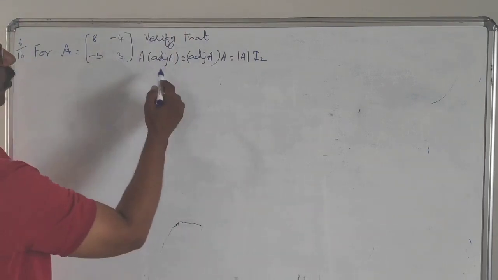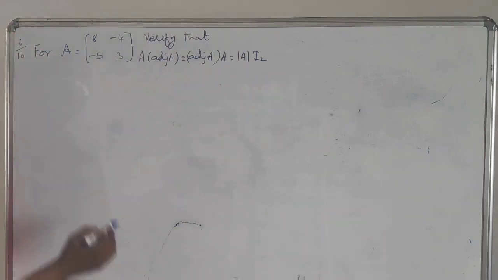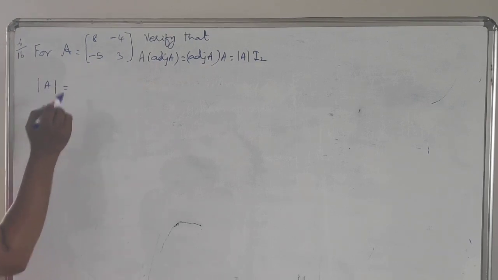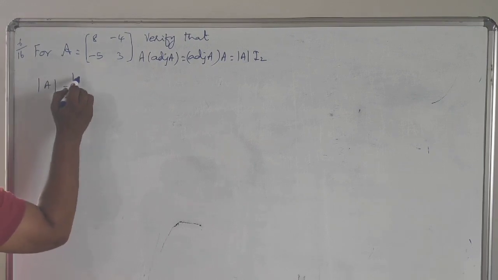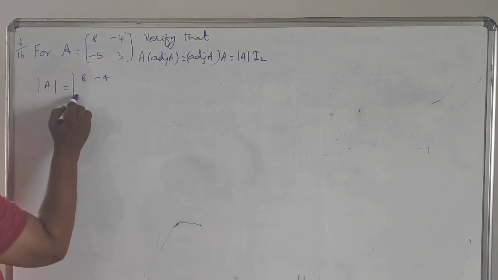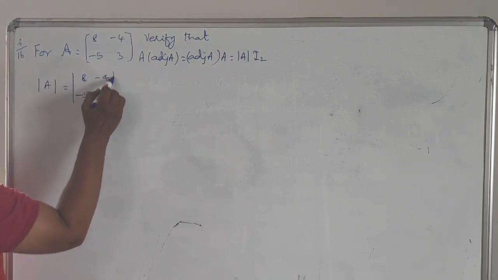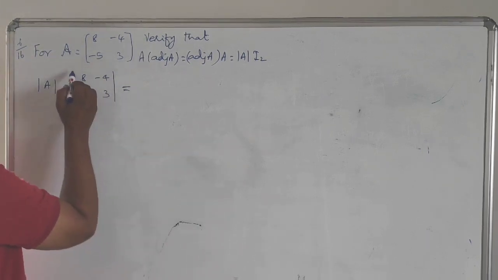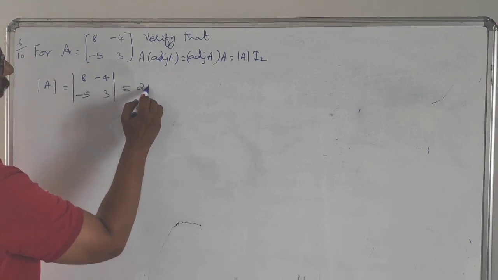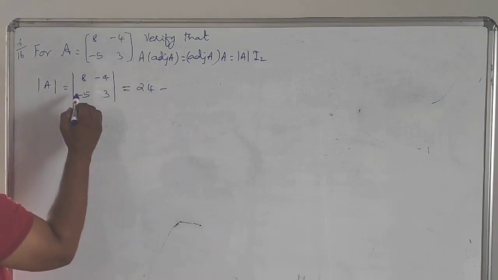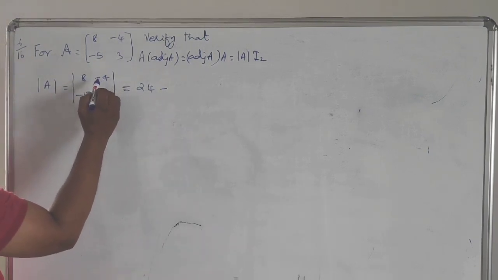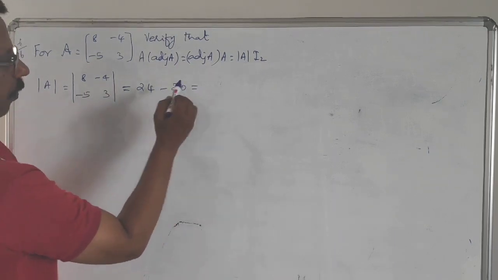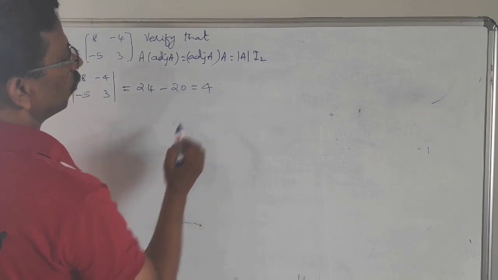For verifying this one, first let us find determinant A into I2. Therefore, first we can find determinant A. Determinant A is nothing but the determinant of 8 minus 4 minus 5, 3. Now, which can be found as first product, 8 threes are 24, then minus minus 5 into minus 4 is plus 20, therefore we can write minus 20, which is equal to 24 minus 20, which is equal to 4.